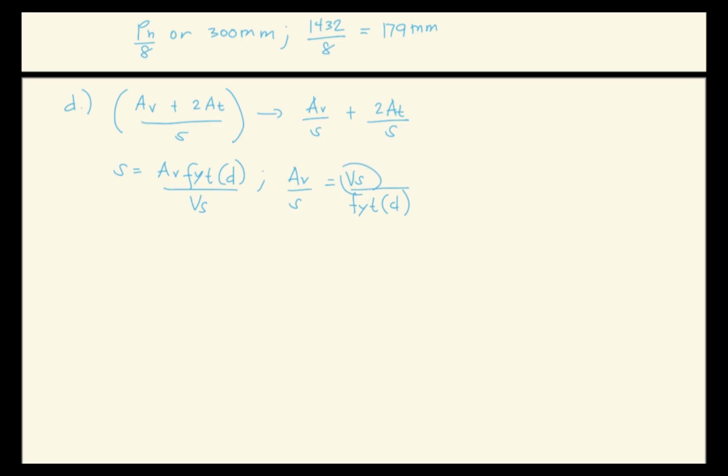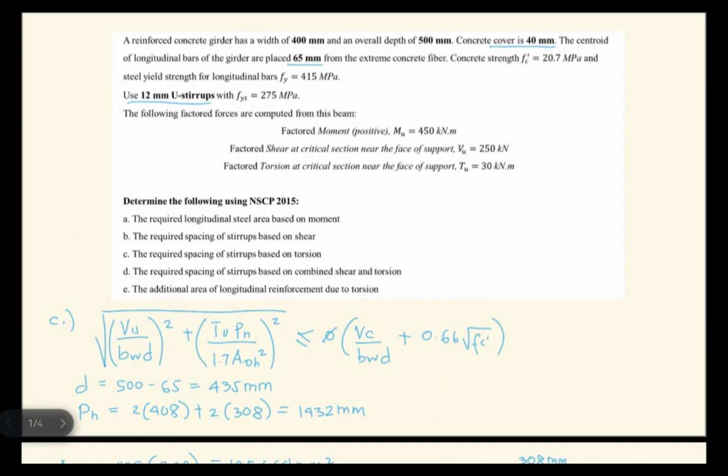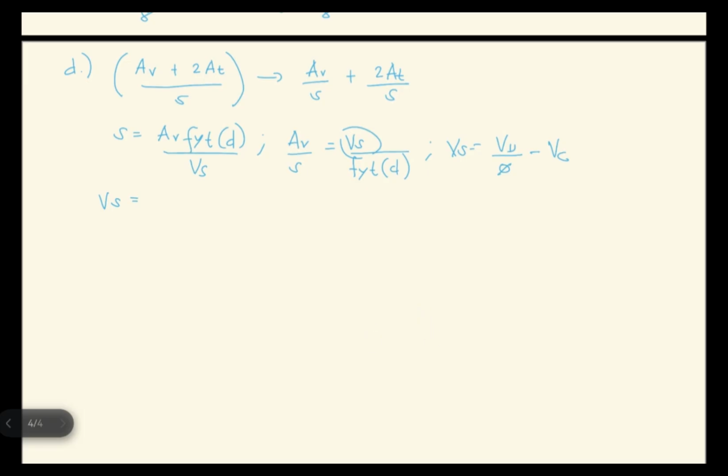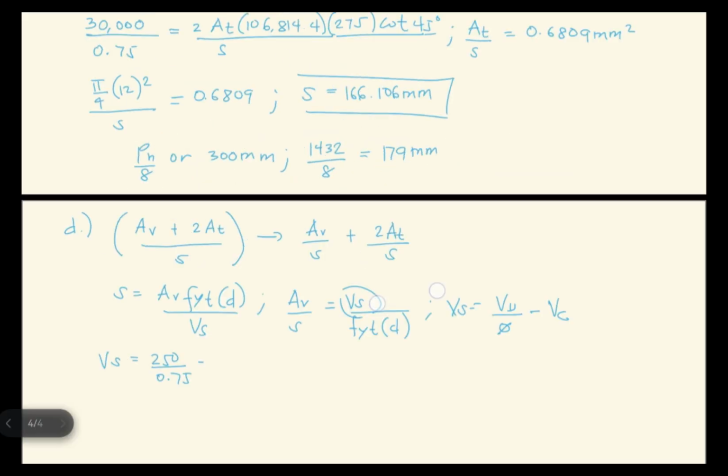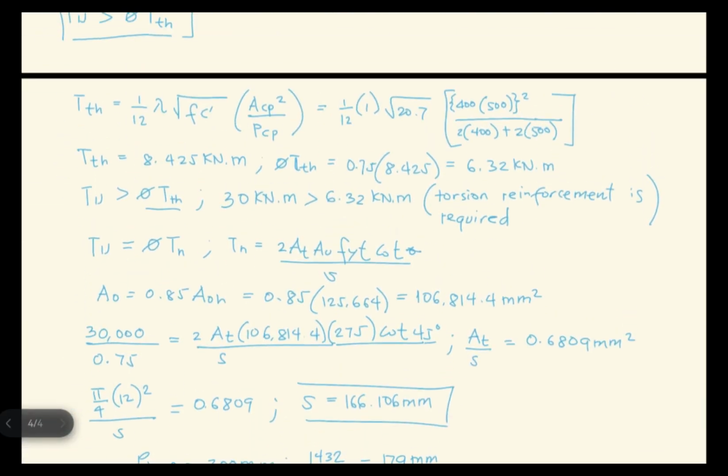Okay. So, from shear, Vs is equal to Vu divided by phi minus Vc. And so Vs, Vu is 250. So 250 divided by 0.75 minus Vc.